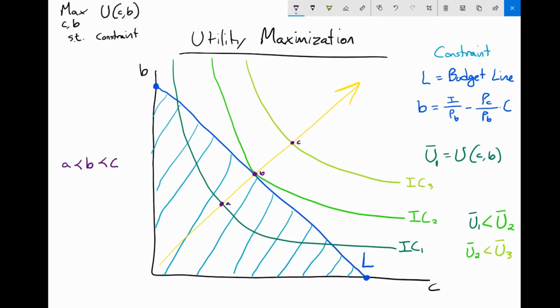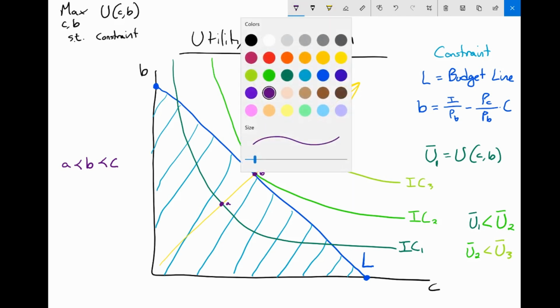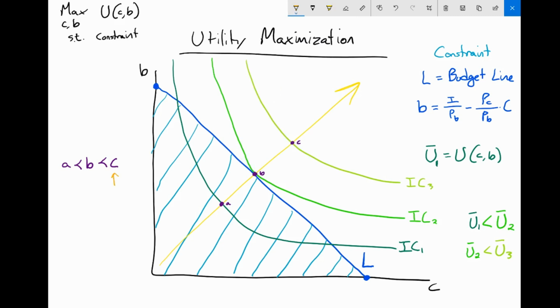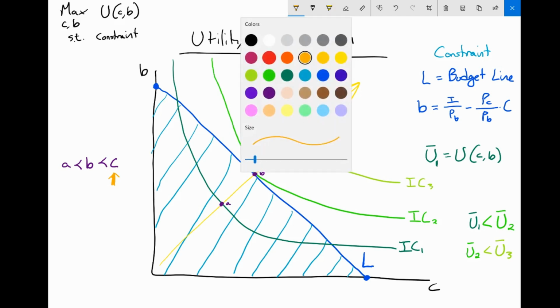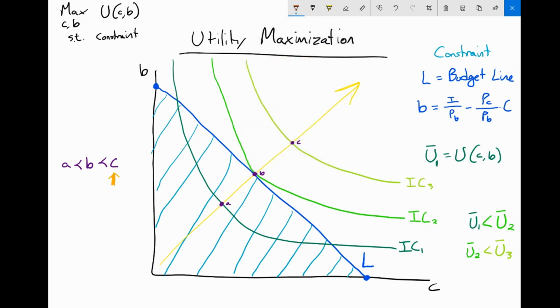Now this is where the budget constraint comes in. They can't buy any possible bundle. They can only buy bundles that they can afford. Using this illustration, they would definitely prefer C. That's their preference. They would like to buy C, because C gives them the most utility of the bundles we've drawn here.